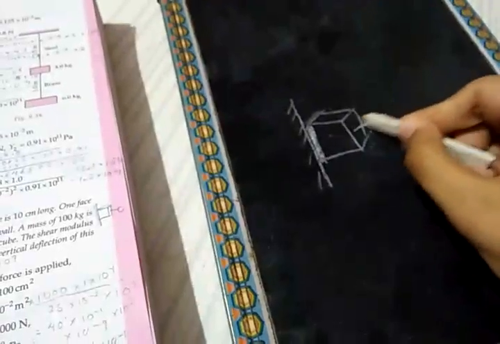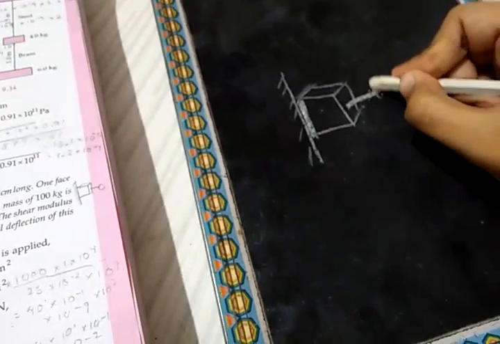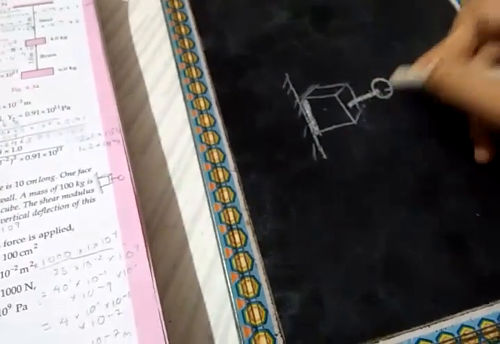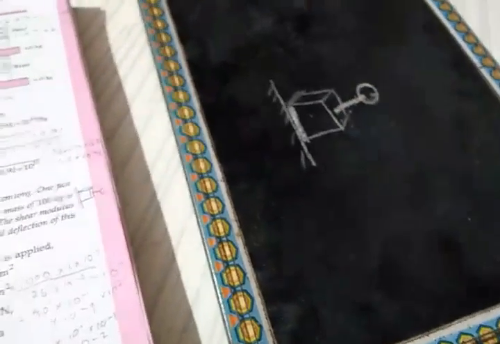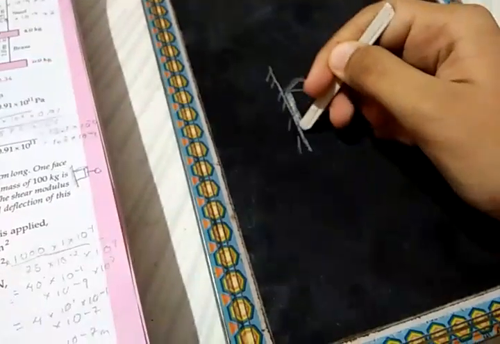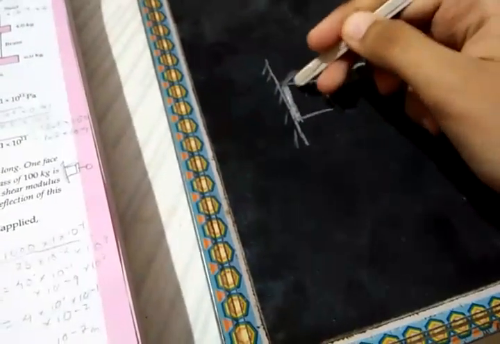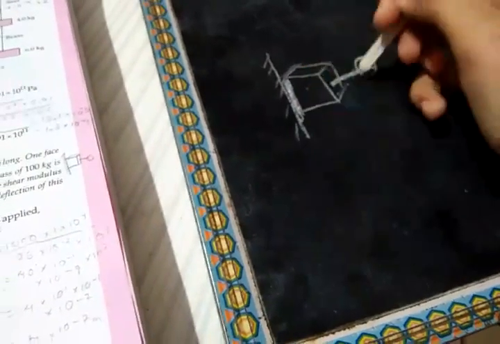From here, if we take a straight rod and put a mass on it, there is a vertical deflection: when I put the mass here, it gets a little downwards. So you have to find that delta L. That's a simple formula based question.